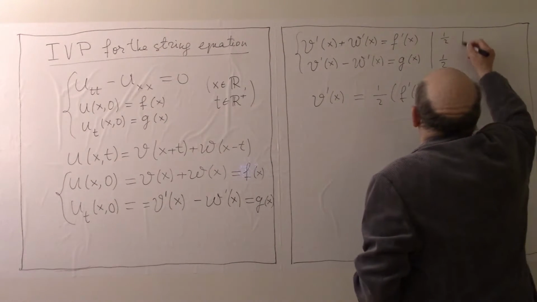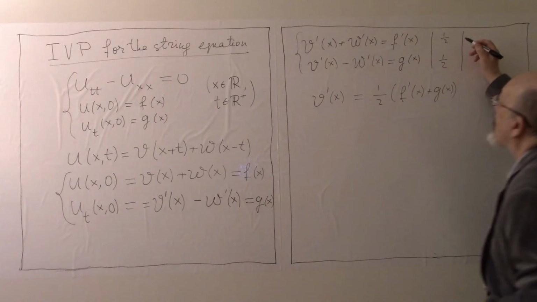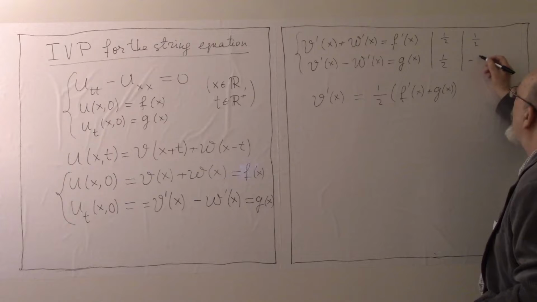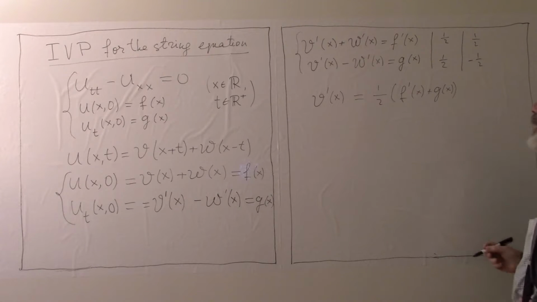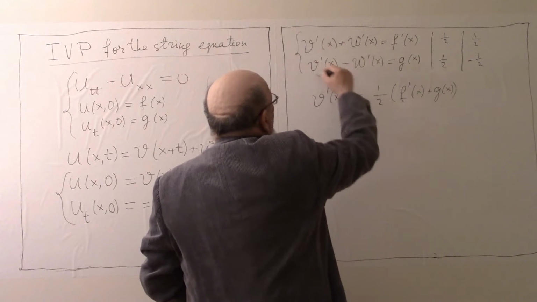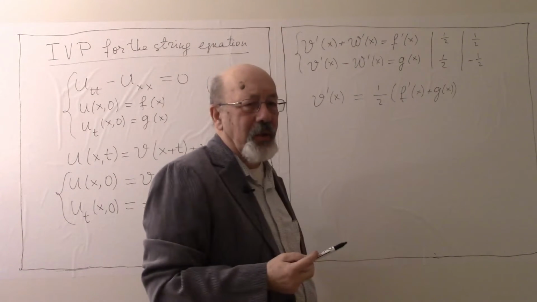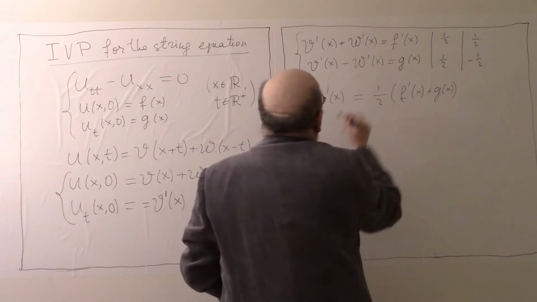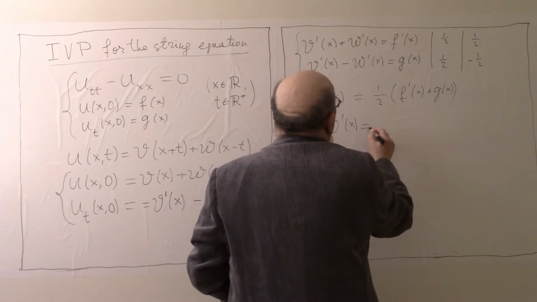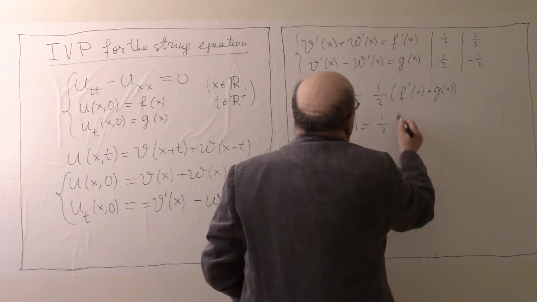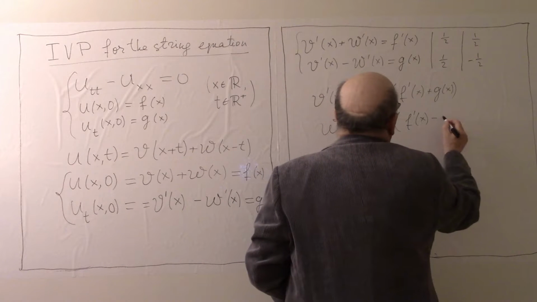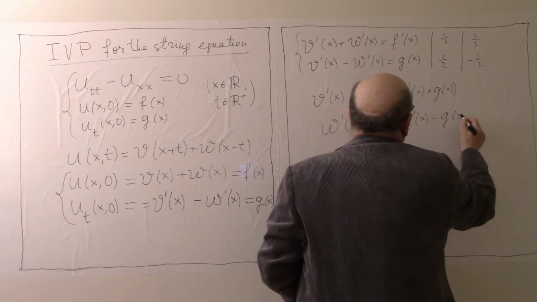Now if you multiply the first equation by 1/2 and the second by minus 1/2 and add it up, then v prime is killed and w prime remains. w prime of x equals 1/2 times f prime of x minus g of x.